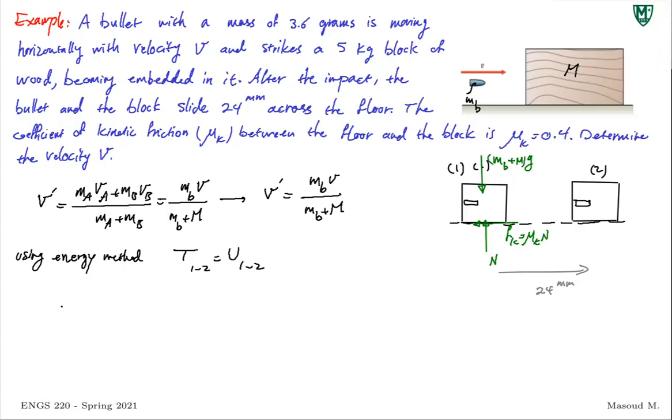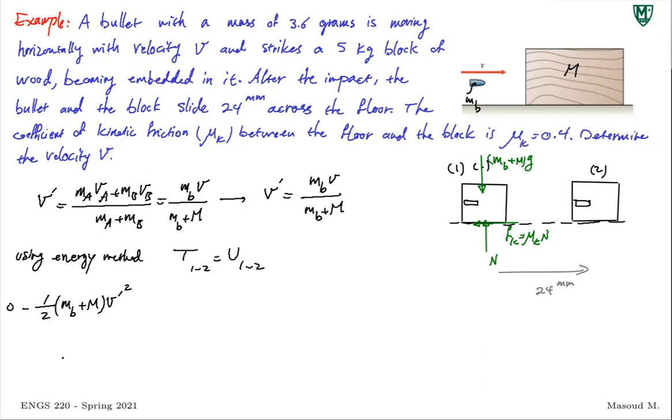So it becomes 1 over 2 (mb plus m) v prime squared. Well, final minus initial. Right? 1 over 2 m v2 squared minus 1 over 2 m v1 squared.